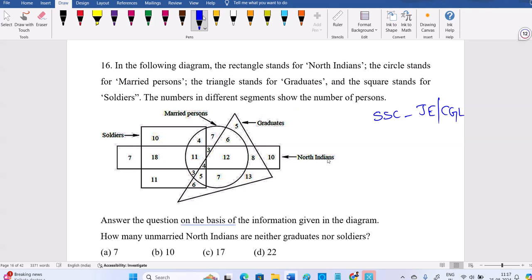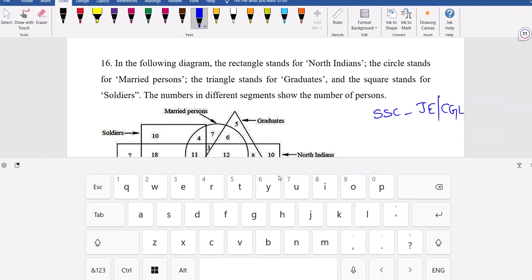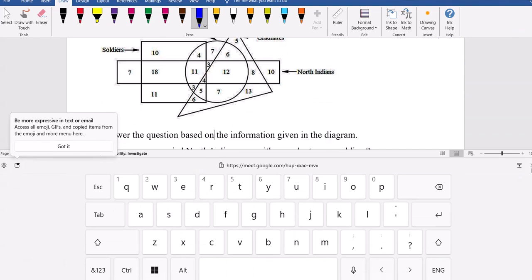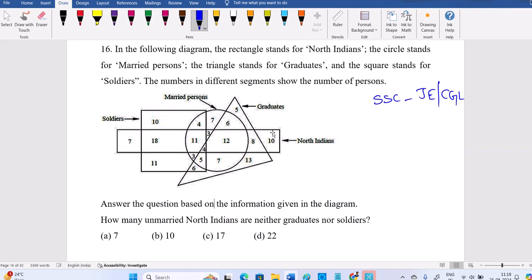How many unmarried North Indians are neither graduates nor soldiers?